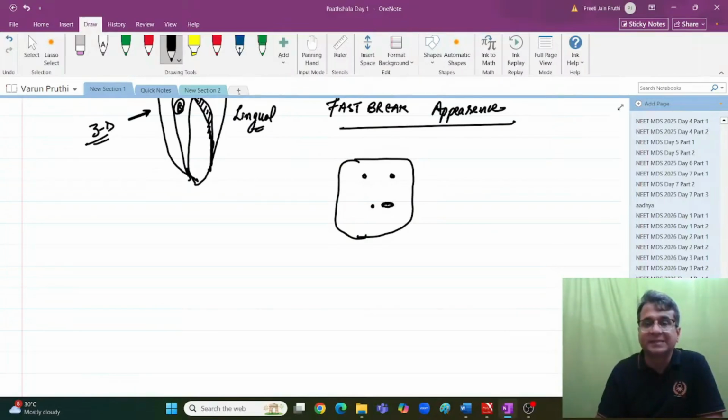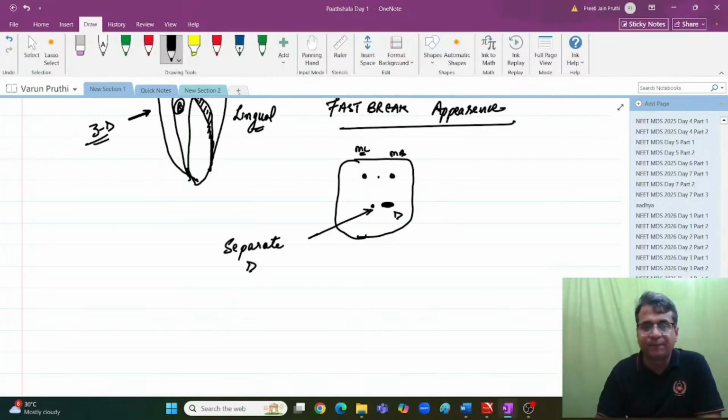If we see radix entomolaris, it will be like this. There is a mesiolingual canal, a mesiobuccal canal, a big distal canal, and there will be a separate distolingual root.